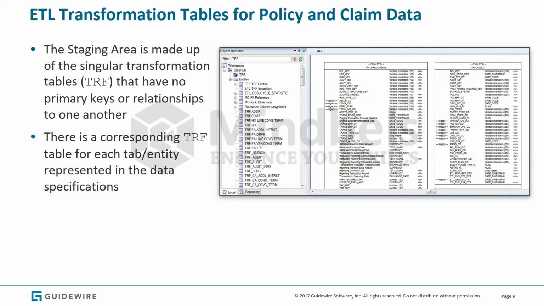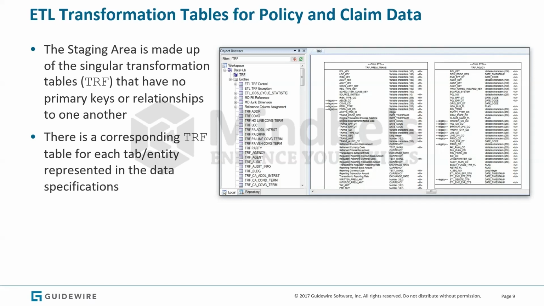We will have a TRF table for that, TRF underscore CA underscore PREM underscore TRAN. The name is very particular. When you say entity, this is the actual table itself which holds the data, the staging table or TRF table.